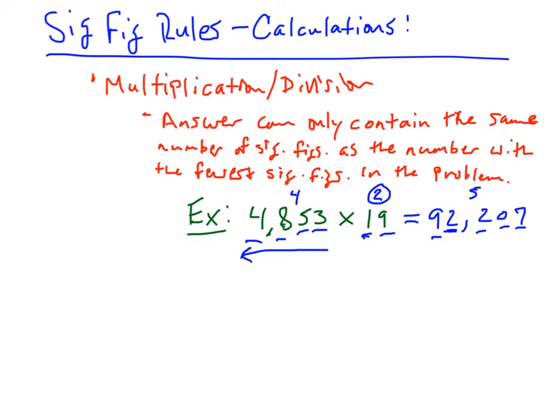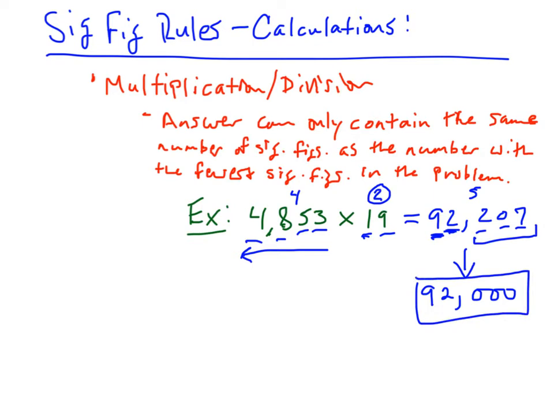So 9 is the first one and 2 is the second one, and we really need to drop these. If we rewrite this, we get 92,000. That is our answer with only 2 significant digits. Remember, these 3 zeros here no longer count, and so we have 2 significant digits there.